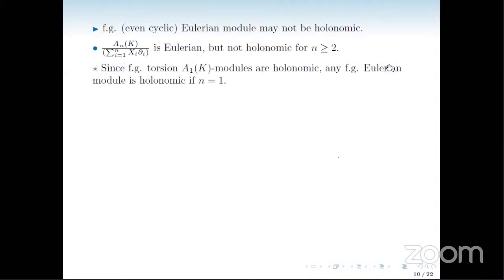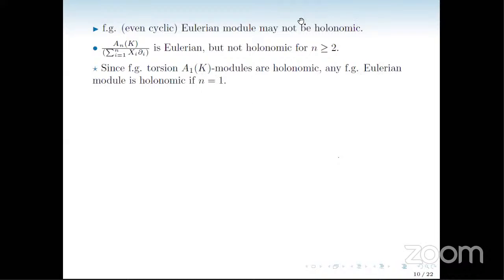If n is 1, then any finitely generated Eulerian module is holonomic. Why so? Because for any finitely generated Eulerian module, any homogeneous element is annihilated by the non-zero element x_1 ∂_1 minus the degree of the homogeneous element, from A_1(K).